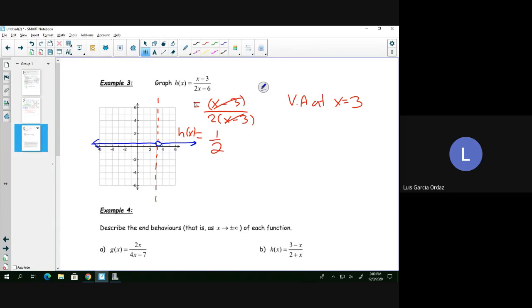Because Juliana, if we sub in x is equal to 3 for our denominator, what does it give us? 0. And any number that is divided by 0 is also what? It's also undefined. So when the numerator and the denominator cancel out, at that specific point is where there's going to be a hole in the graph.